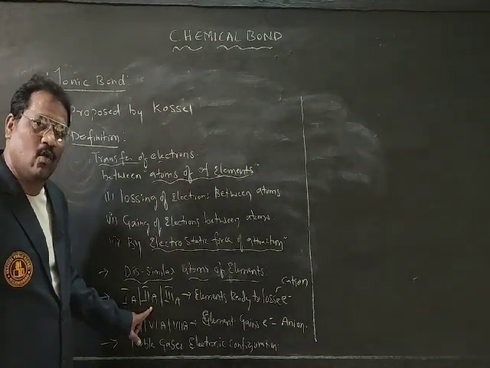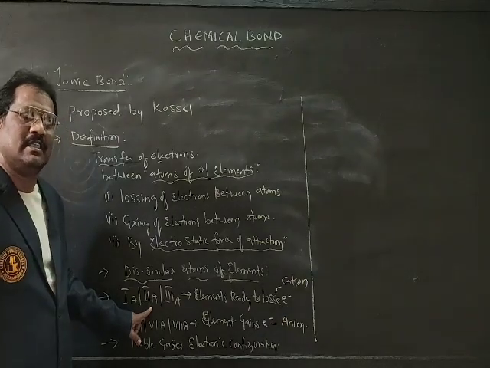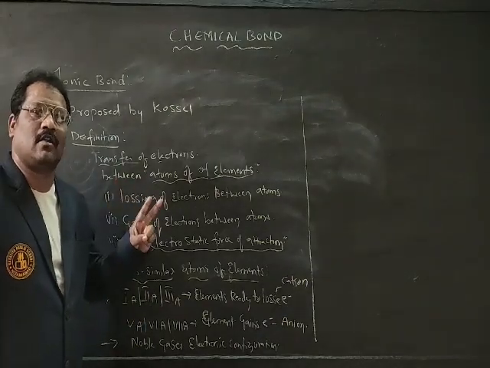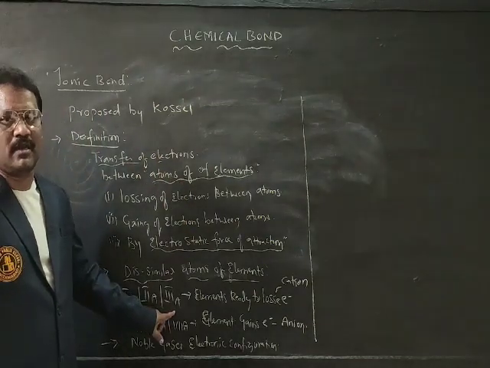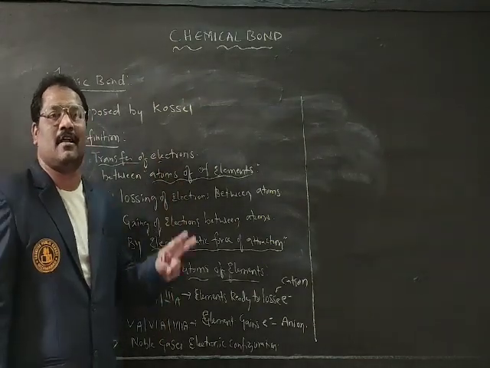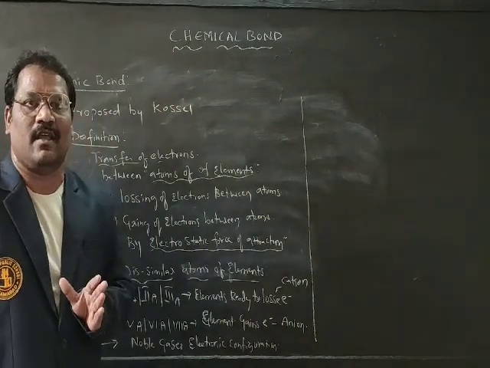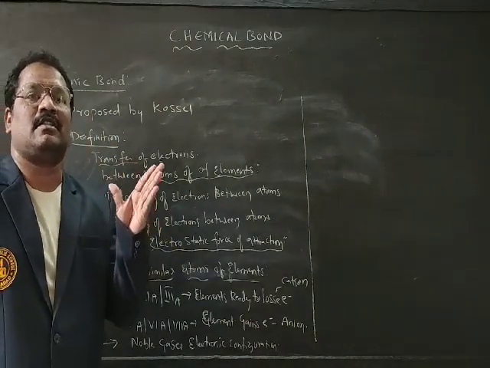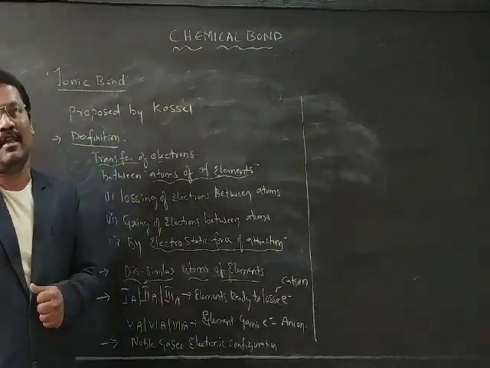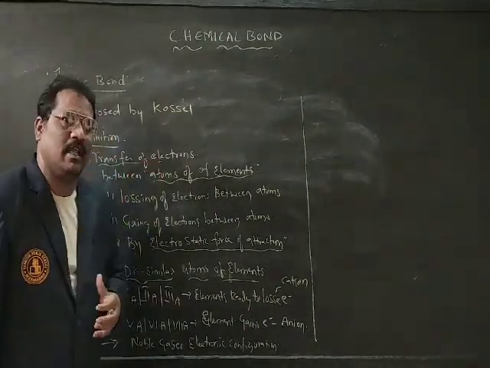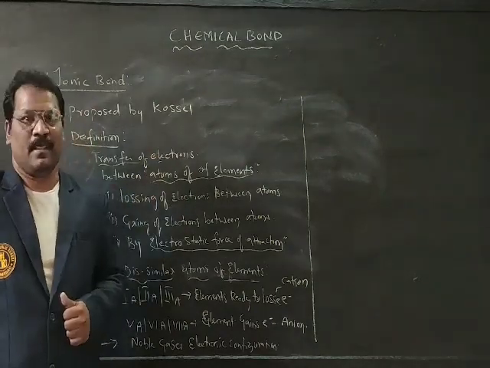Second A group elements lose two electrons as they have two electrons in the valency shell. Third A group elements lose 3 electrons as they have 3 extra electrons in the valency shell to attain stability, a stable ion.